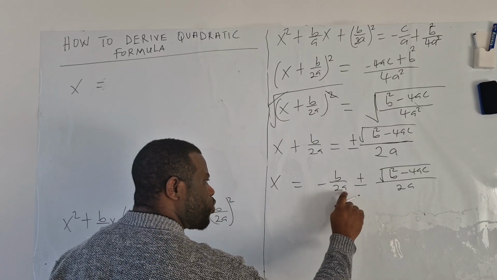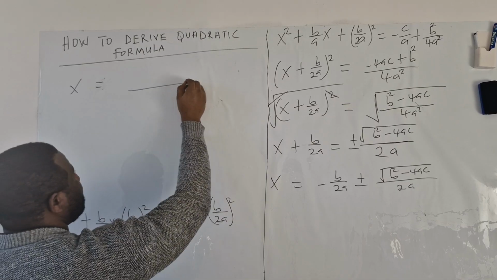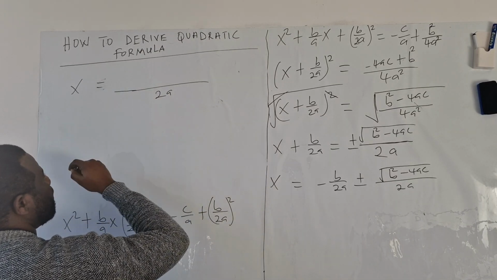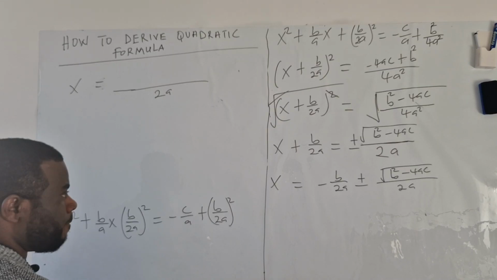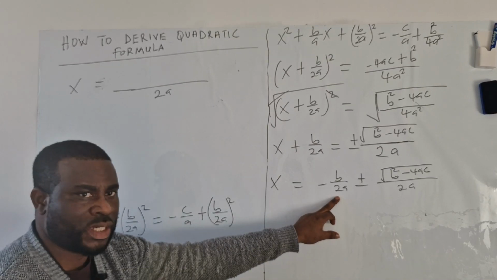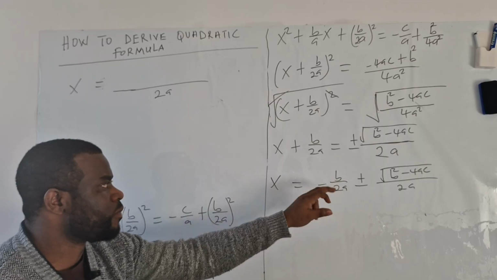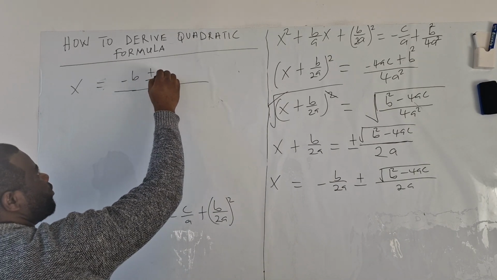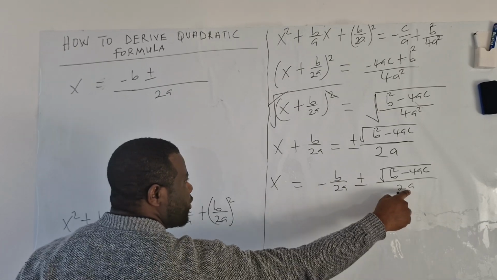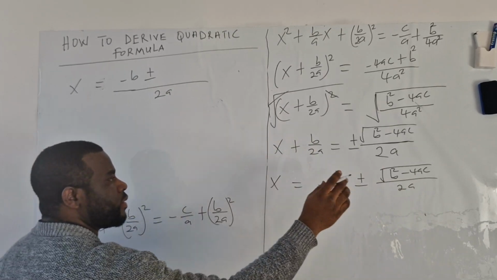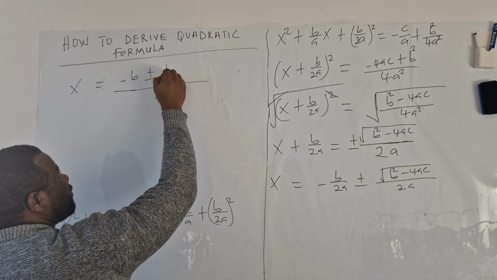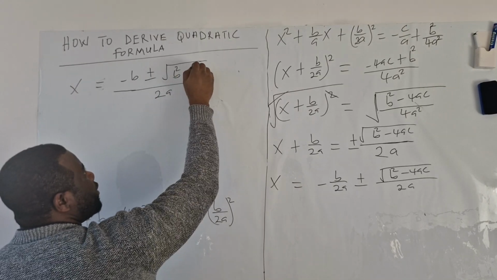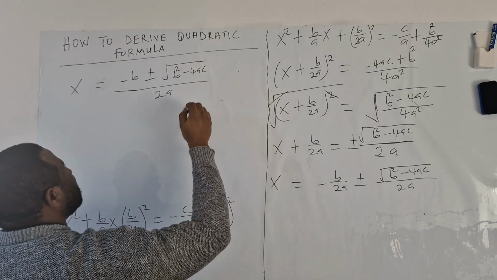The denominators, 2a, 2a. So the LCM is what? The LCM is 2a. Good. 2a goes into 2a one time times minus b. That will give us minus b. You bring out plus or minus. This 2a goes into 2a one time, times the numerator. That will give us square root of b squared minus 4ac. Good.